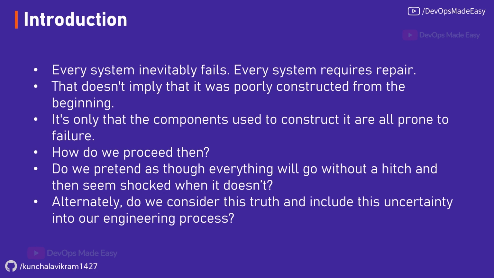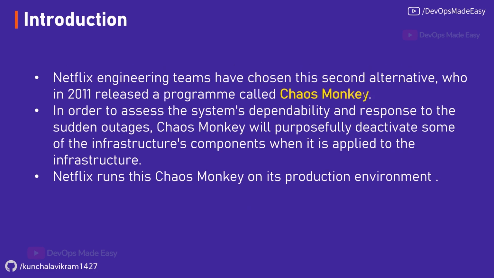So these are the two different ways. One, we think that everything will go without any issue, and the second is we understand the issues that are going to come and then we proceed further. The Netflix engineering team chose the second approach; they know that every system is prone to fail. So in 2011 they released a program called kube-monkey.